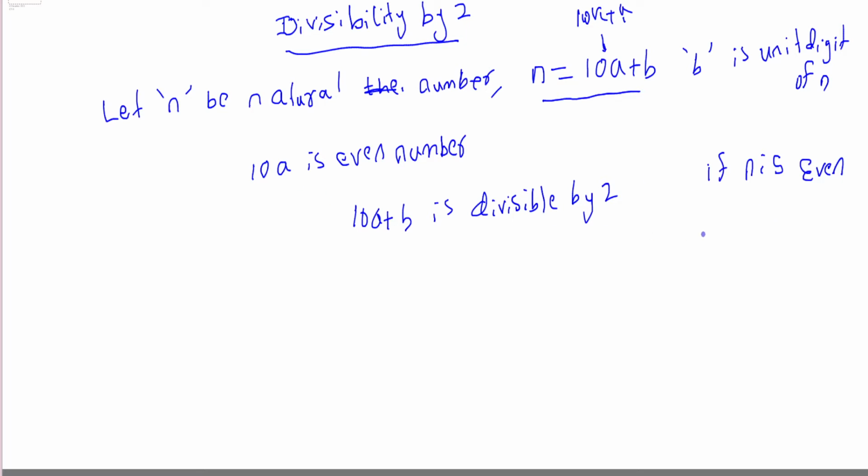If n is even, it is divisible by 2. The entire thing, 10a plus b, is divisible by 2, because even number plus even number always gives an even number. Even number is divisible by 2.